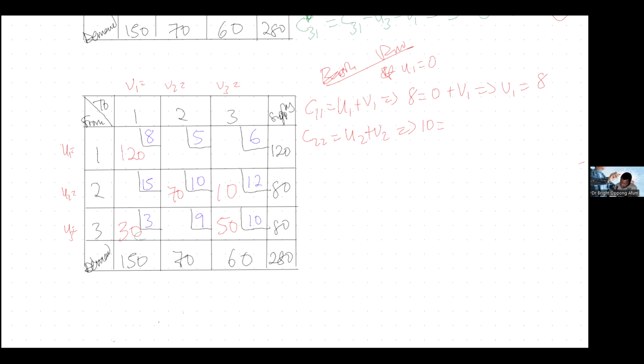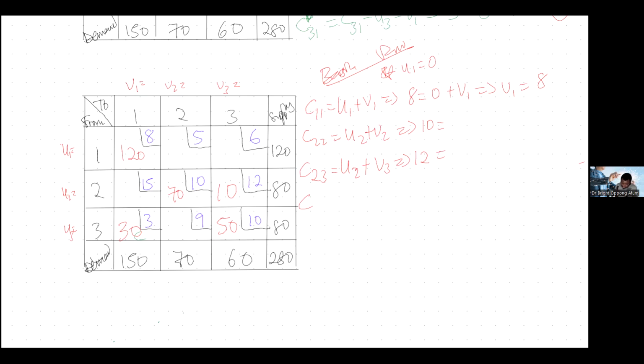So assume we can calculate this. Let's see the next one, C23. C23 is giving us U2 plus V3. C23 is 12, and U2 plus V3, we don't know, so we'll come back to this. So C31.